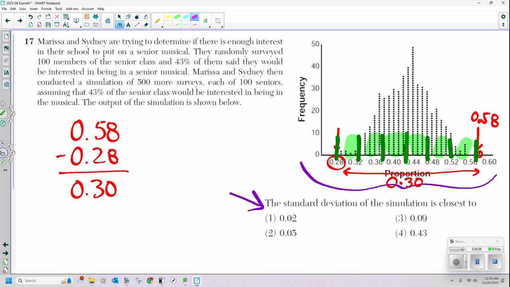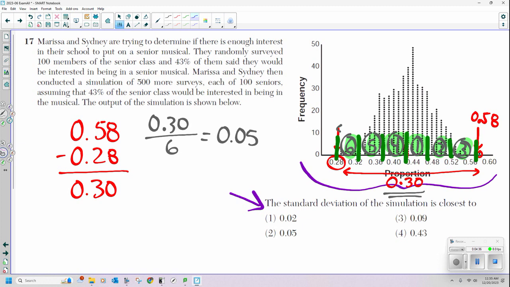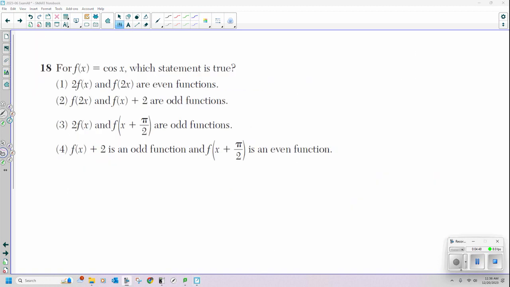So there are 6 little mini intervals that go across that total of 0.30. So if I take my 0.30 and divide it by 6, I get 0.05. And that's the length of each one of these. That is a length of 1 standard deviation. 0.05.